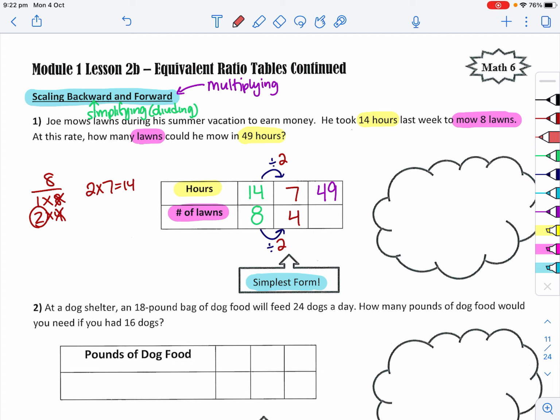And now I can look at, okay, does 7 go into 49? Yes, 7 times 7 is 49. So 4 times 7 is 28. And now I answer the question, how many lawns could he mow in 49 hours? My answer is going to be 28 lawns. And I already have the nice little cloud there for you.